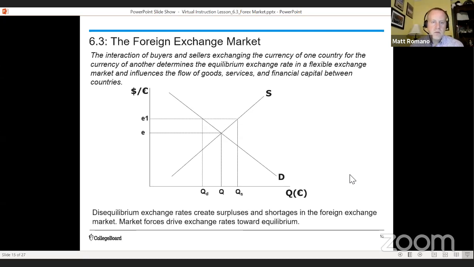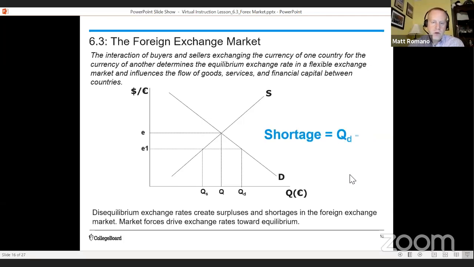Finally, worth addressing, surpluses and shortages can happen here as well, and the same rules apply. So disequilibrium does occur when the going exchange rate is not equal to the market exchange rate. So if we have a situation where the going exchange rate E1 is greater than the market exchange rate, we're going to have a surplus. We can measure that surplus as the quantity supplied minus the quantity demanded.